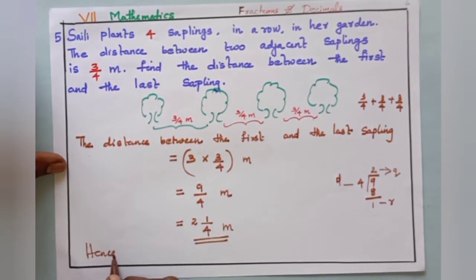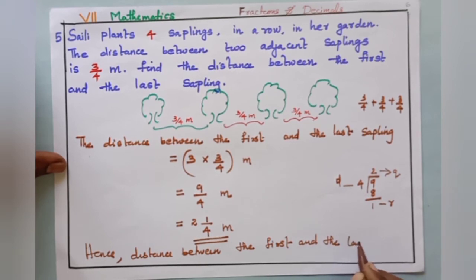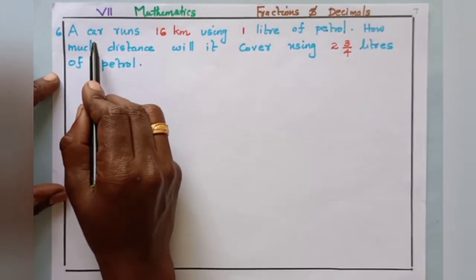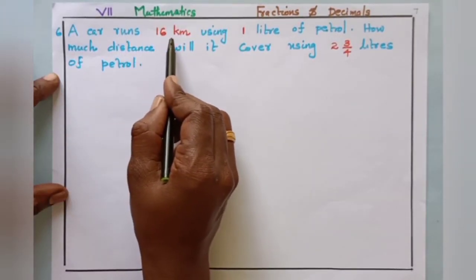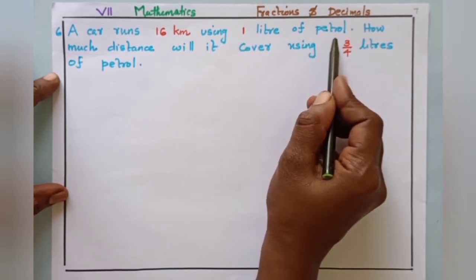So, distance between the first and the last sapling equal 2 and 1/4 meter. The next question is, the car runs 16 kilometer using 1 liter of petrol.